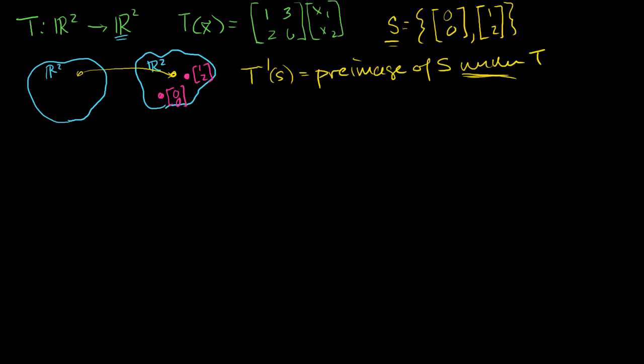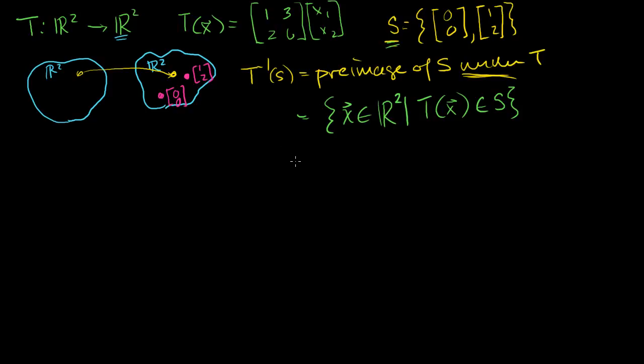And we saw in the last video, this is all of the elements in our domain, where the transformation of those x's is a member of the subset of our codomain that we're trying to find the preimage of. Right? Now, what is another way of writing this?